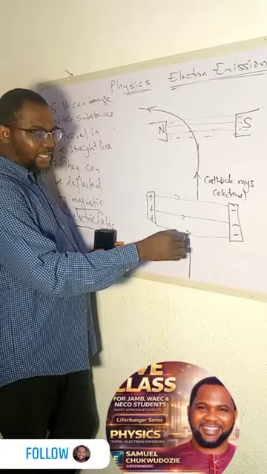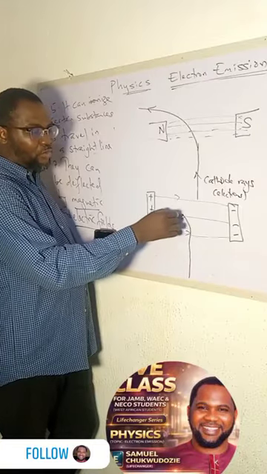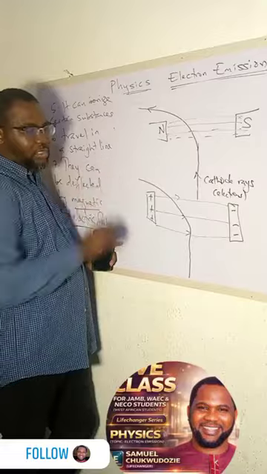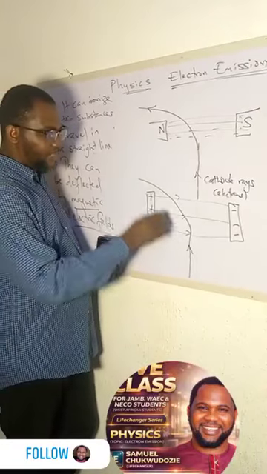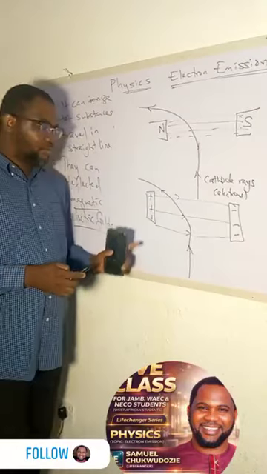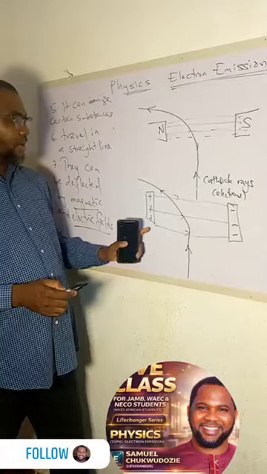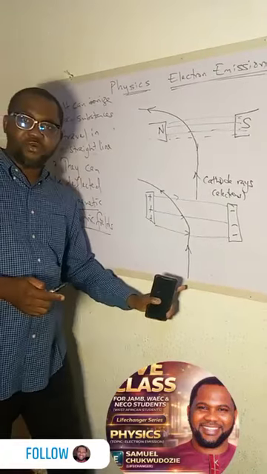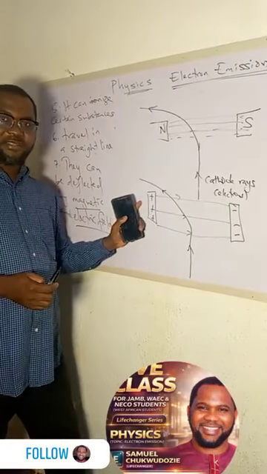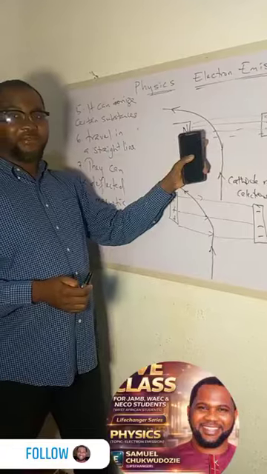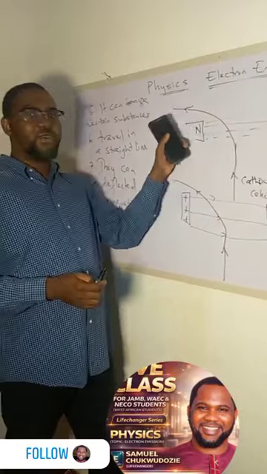But once they enter an electric field, they will always be deflected towards the positive plate. So in an electric field, it is always deflected towards the positive plate, but in a magnetic field, it is always deflected towards the North Pole.